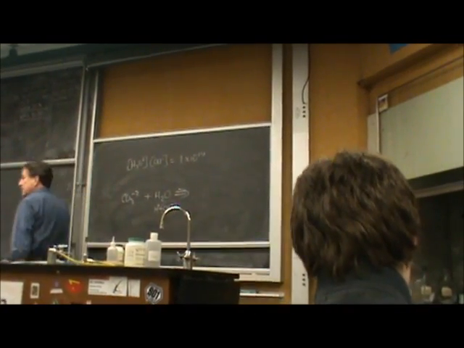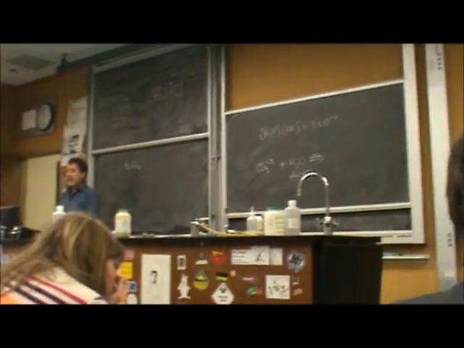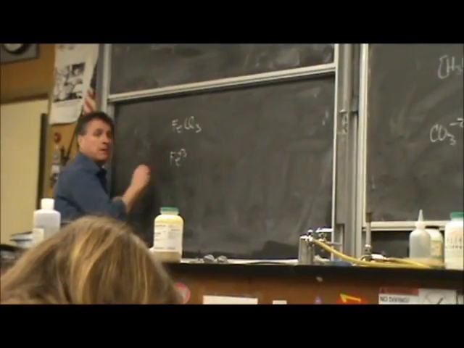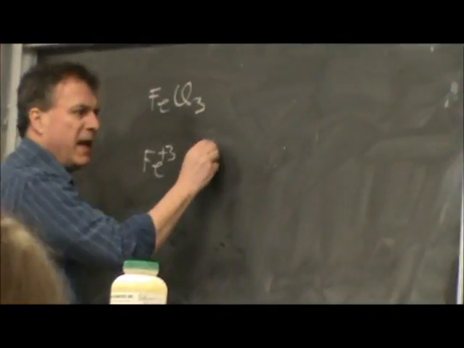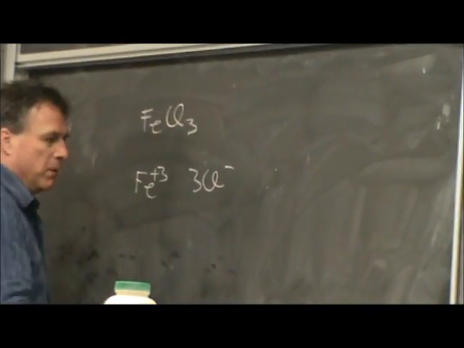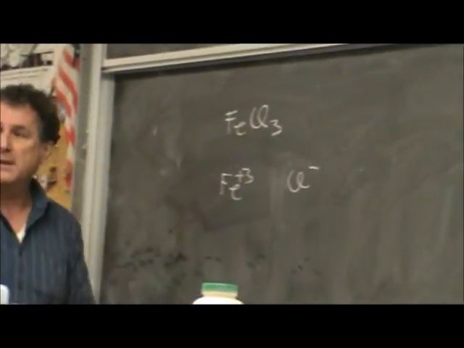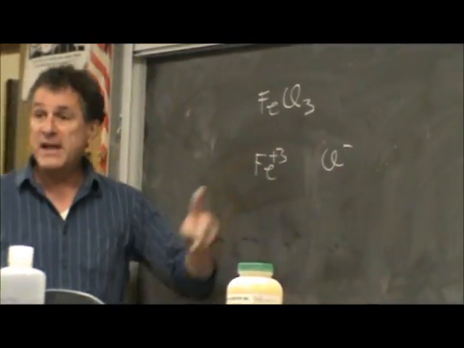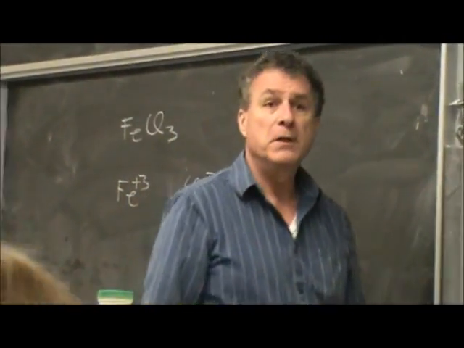Let's start with basics. When I dissolve this in water, what do I get? I get these ions, and I get those ions, right? Yeah? Let's start with the negative ion. What can that do for us?